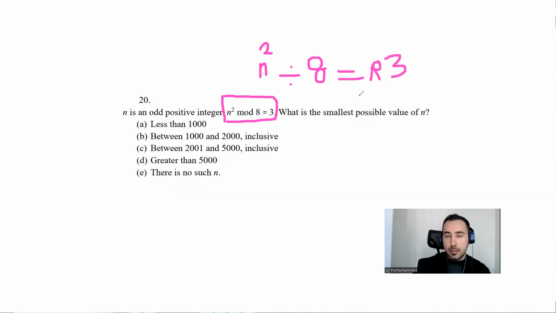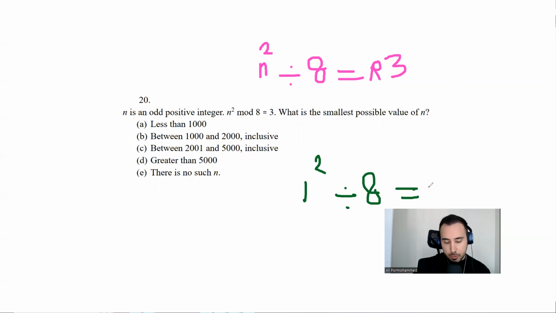That's the meaning of it. So all we have to do is just start with numbers. Like, what is 1 squared divided by 8? What is the remainder? So the remainder will be 1.